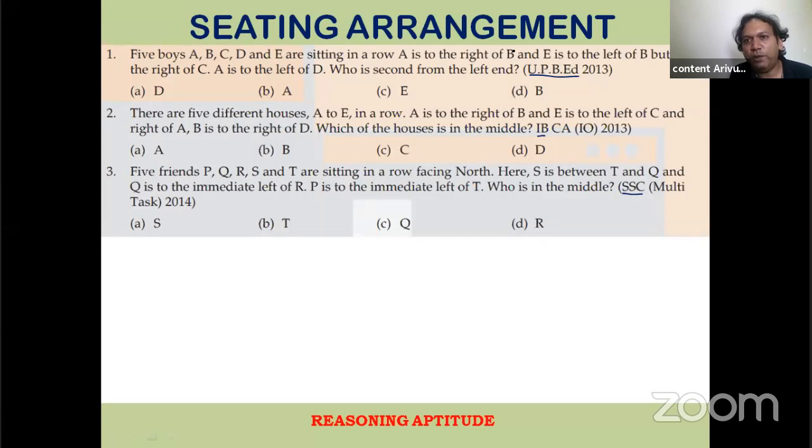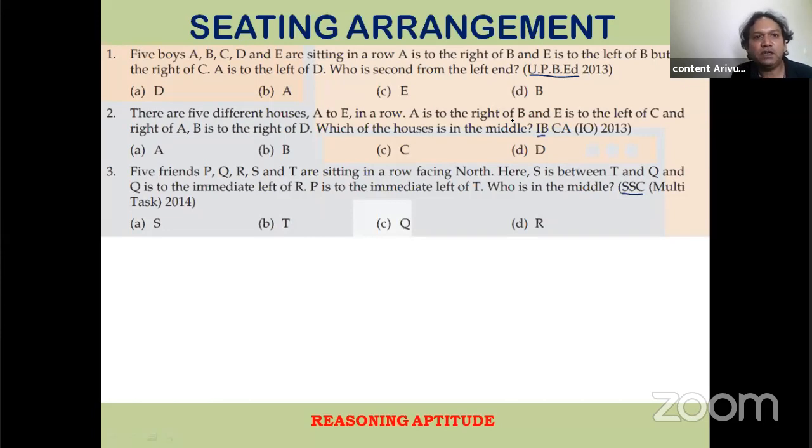So all of these are government exams. The government exams form the basis of the questions that you normally find in your ICAI material. Earlier also I've told you they have been taken from SSC, railways, banking, insurance, and government exams.